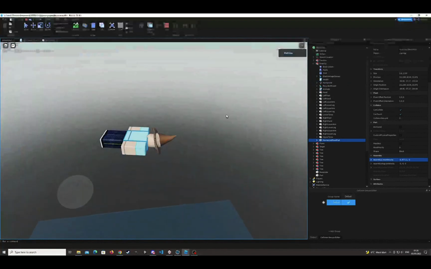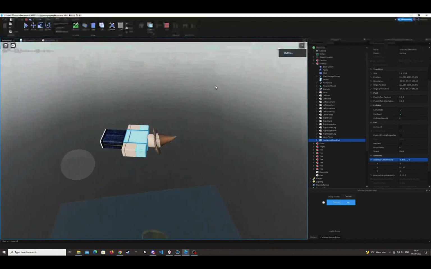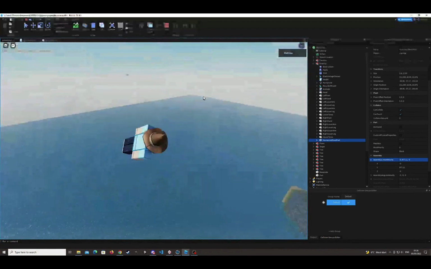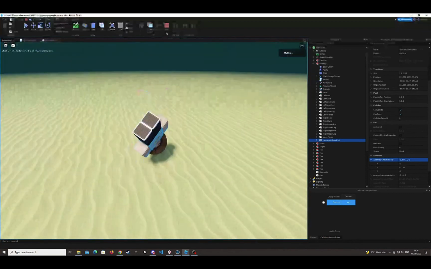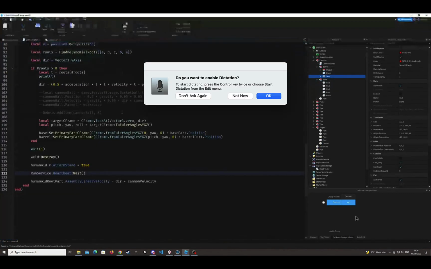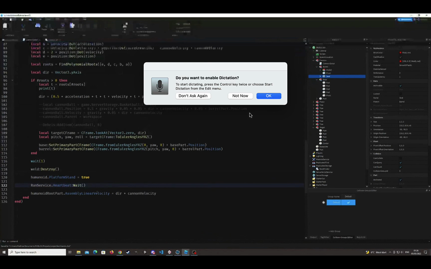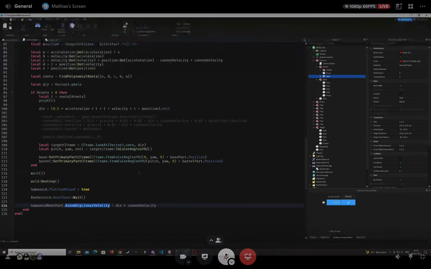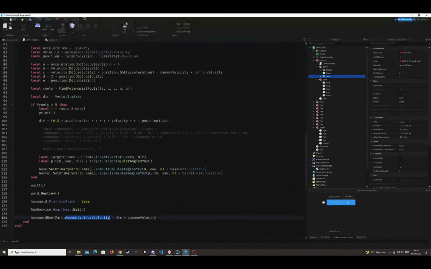Oh, okay, it does work. Ouch. That will never not be funny. Yeah, it's one of the best parts of Roblox, for sure.